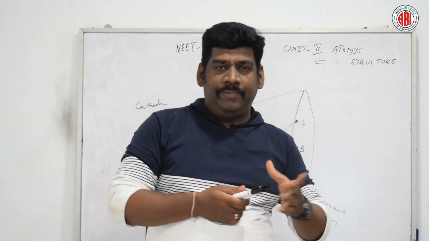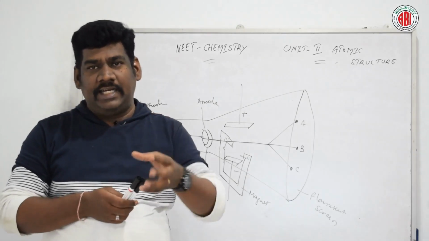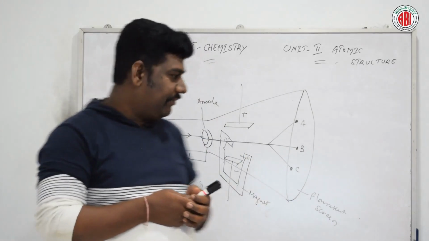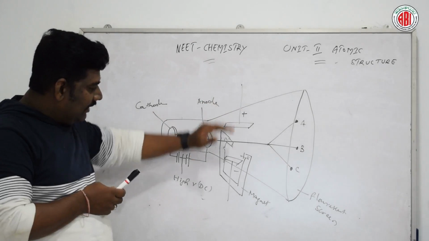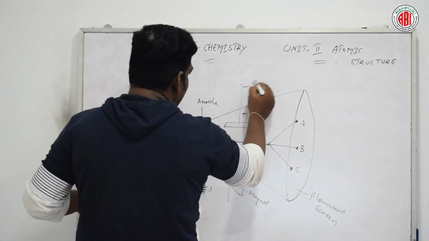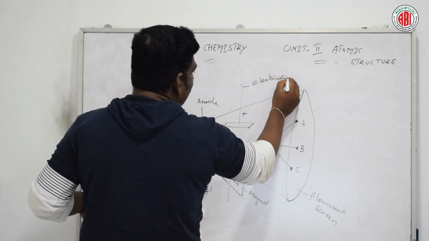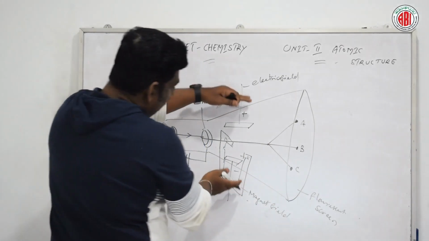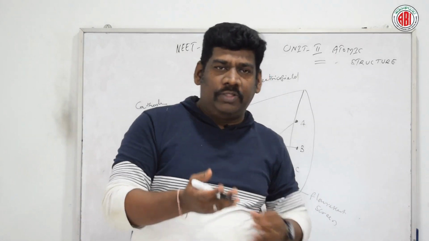So he made the setup of a cathode ray tube and applied electric and magnetic fields which are perpendicular to each other. See here, we have the electric field as well as the magnetic field. Both are perpendicular to each other.